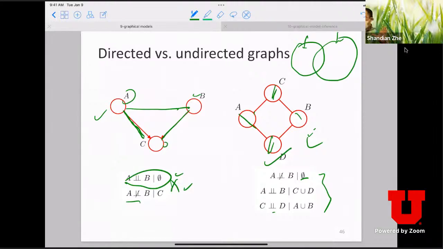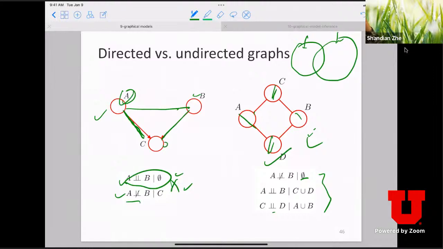But here I just want you to know that when we drill down to the specific properties, we're talking about whether the property is satisfied for every specific distribution represented by this Bayesian network.